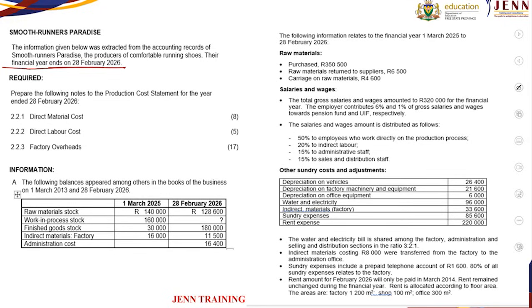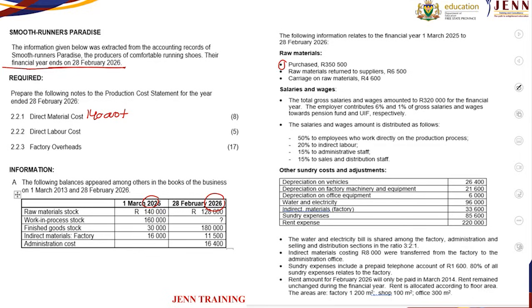Now, with direct material, we are looking for the opening balance. This is 2025, this is 2026. So therefore, this 2025 will represent your opening balance. So it will be 140,000 plus. Now we are looking for the purchases. When you go to this information on the right-hand side, you can see we have bullet number 1 there.